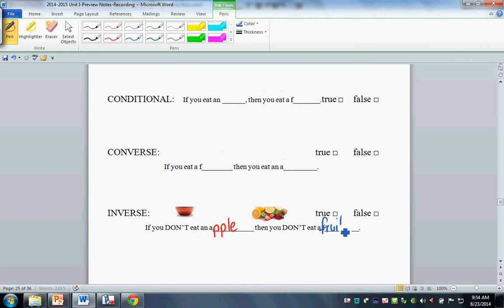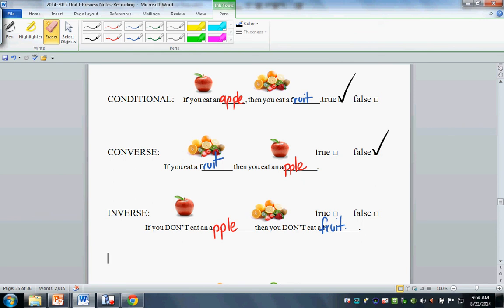So ask yourself, is that always going to be true? Of course not. Again, you could be eating a kiwi or a strawberry or a pineapple or something. So if you don't eat an apple, you could still eat a fruit. So we're going to call that false.